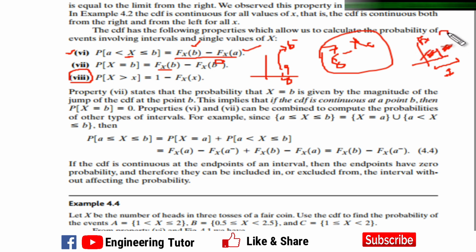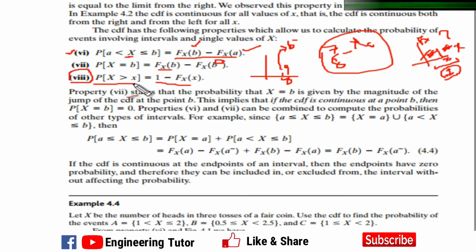How can you find this value? You know the total value is 1, so you just subtract F of x from 1 and you get the probability that the variable is greater than x. Okay, so this is the value here.